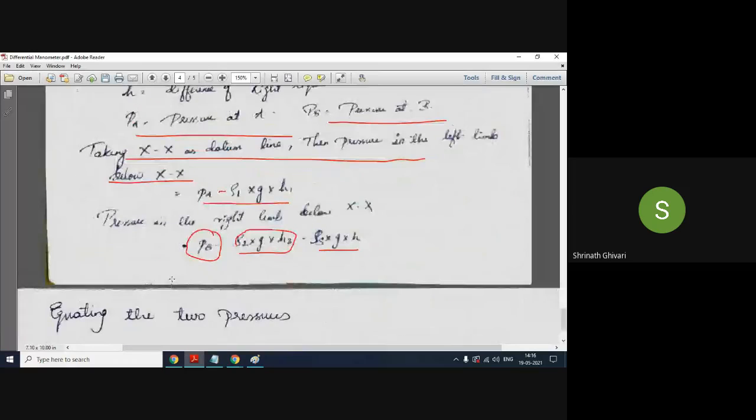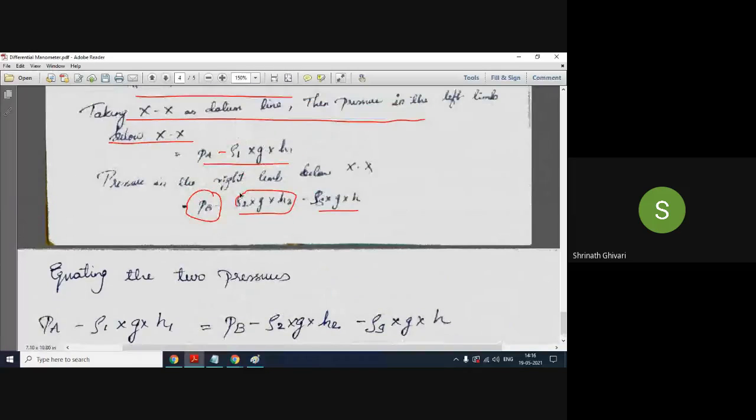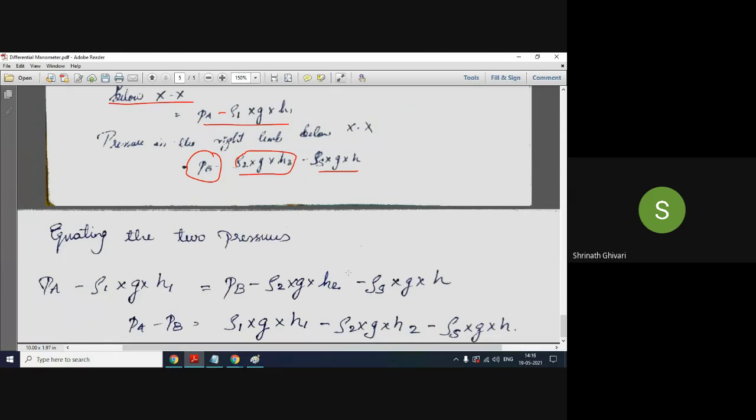Now equate these two. PA minus rho 1 g H1 equals PB minus rho 2 g H2 minus rho S g H. When you equate these two equations, we get the final equation at the end.